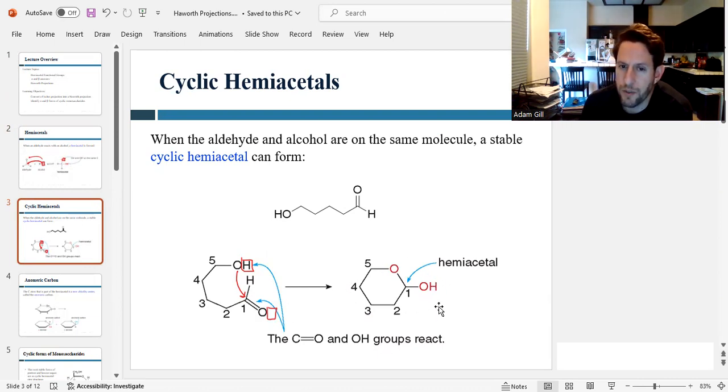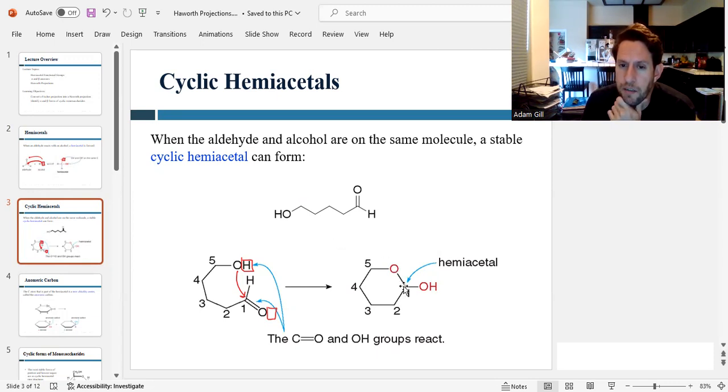And it forms what's known as a cyclic hemiacetal. So it's a hemiacetal formed within the same molecule where the alcohol and the aldehyde reacted together. So one molecule forms into a ring. And this can happen spontaneously if this is dissolved in water. And it typically only happens for 5- and 6-membered rings.